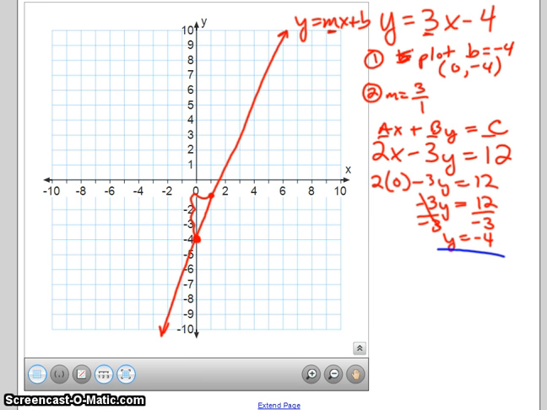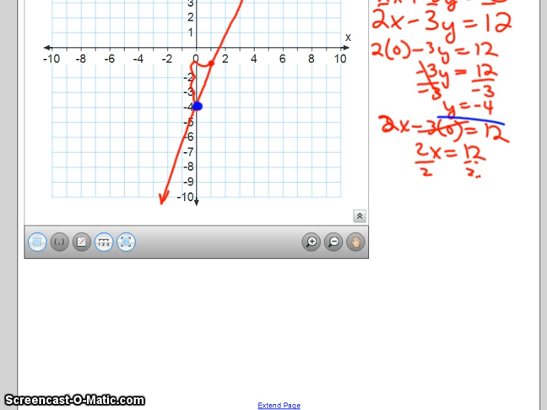I'll make this blue, which is actually the same as the y-intercept for your other problem. And then we would plug in 0 for y to find the x-intercept. x equals 6.